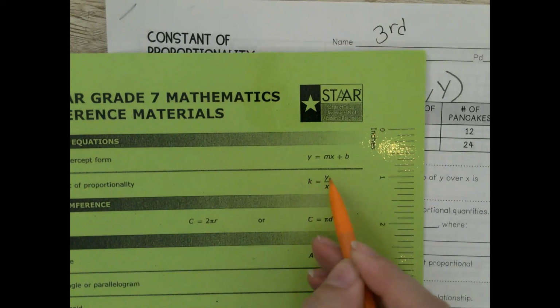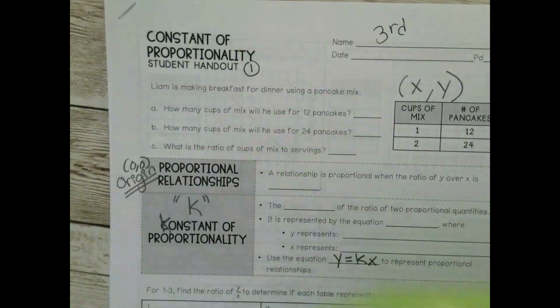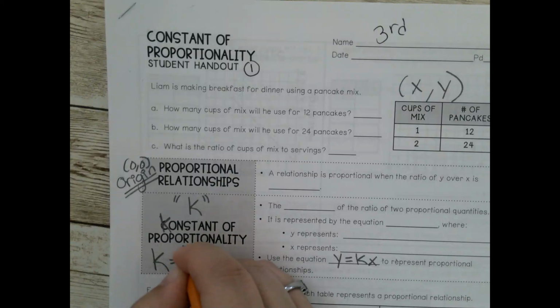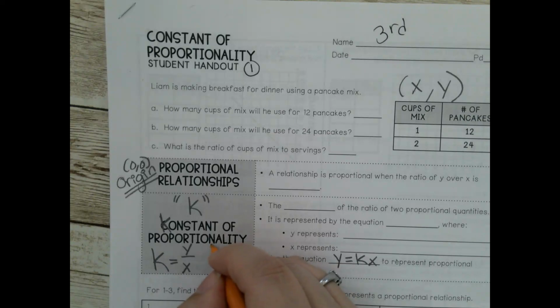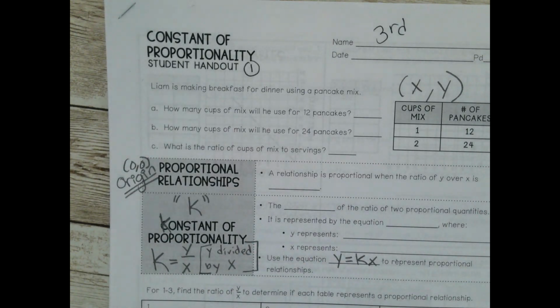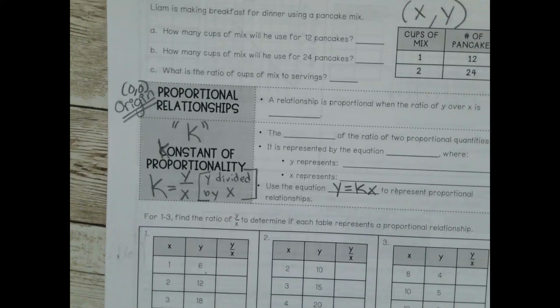K is when you take y and divide it by x, whatever number that may be. Yeah, it's pretty easy.